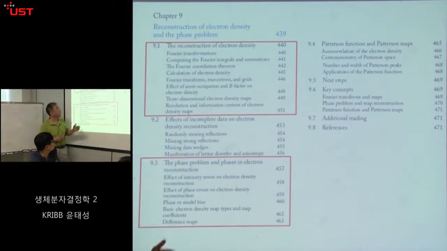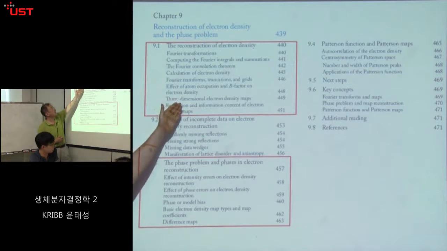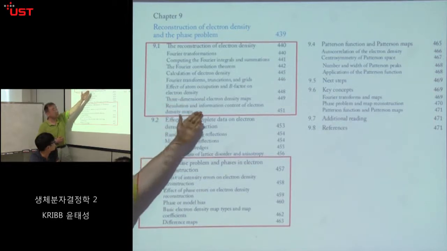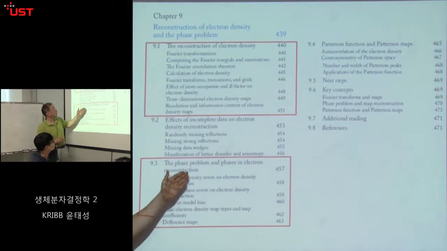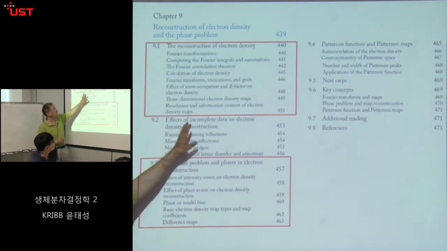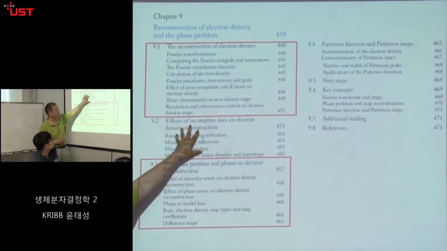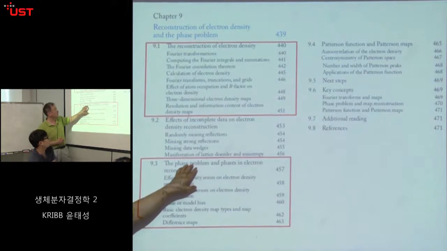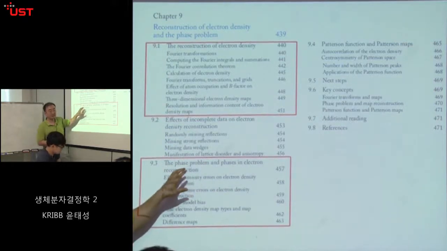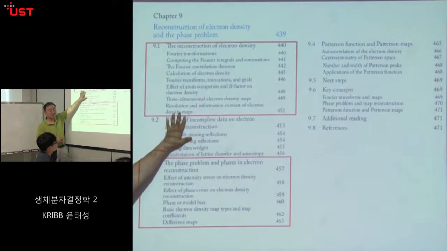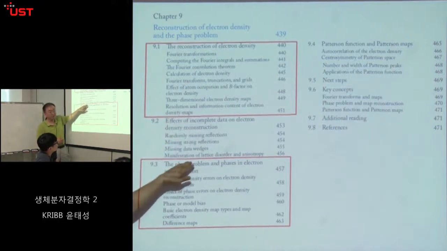W-O-R-D-S, words. So, finishing electron density as a function, the map as a representation, and mentioning something about equivalent amounts of data sampling, we are jumping into the word phase. Okay. This is done now, and we can focus on phase.